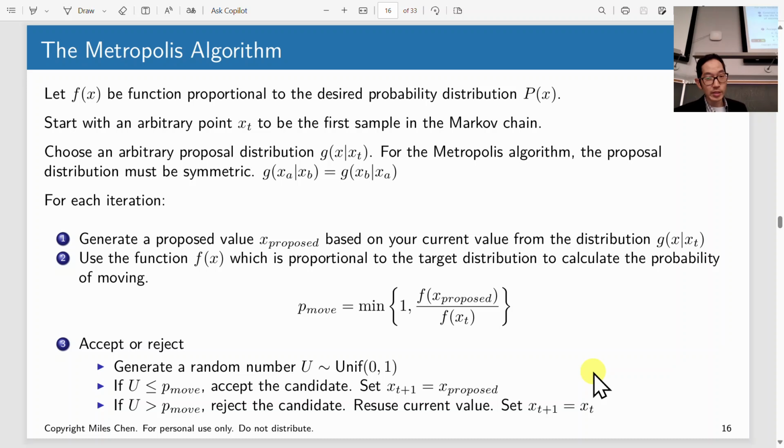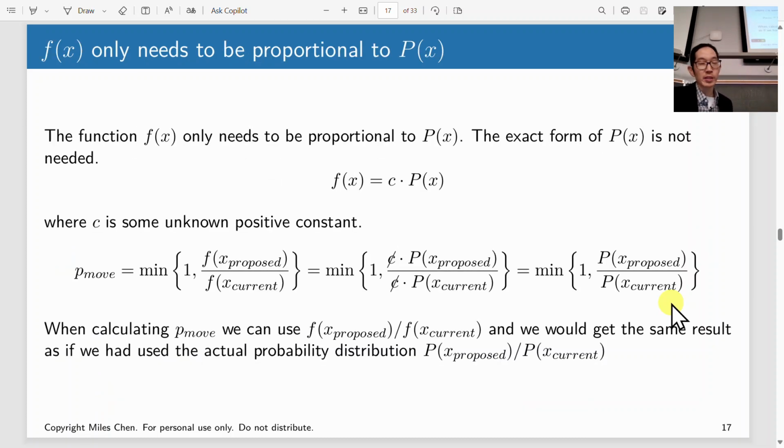And that's that, okay? So same thing as the island hopping example, except in the island hopping example, we flipped a coin and we went either +1 or -1. And here we are using some distribution g that proposes kind of continuous values, okay?